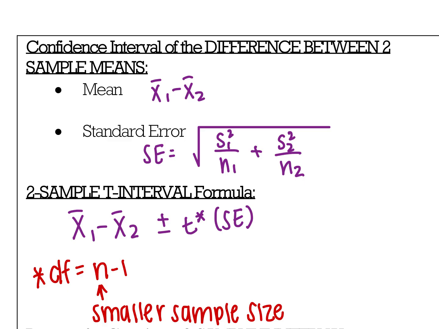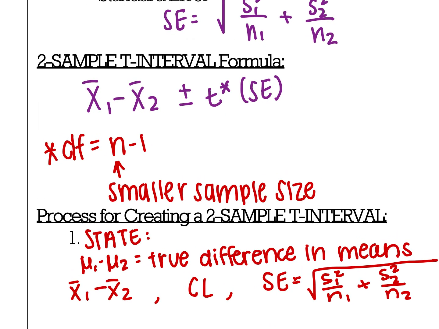Now, you may be used to thinking, oh, it's s over square root n, but when we square these, this is how they come out in that final format. If you ever forget, these formulas are available on the AP formula chart, so you can always find these on there.